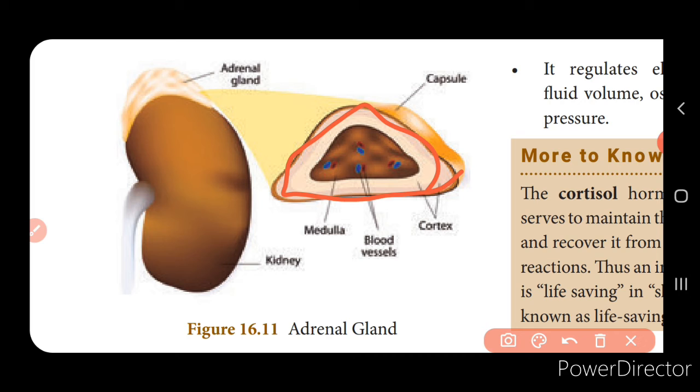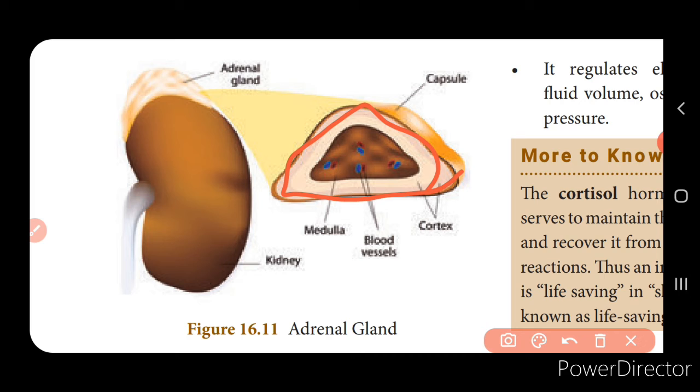And if you see the functions of the mineralocorticoids, these are secreted by the zona glomerulosa. Now we said that it consists of 3 layers, isn't it? Zona glomerulosa, zona fasciculata, and zona reticularis. Now these mineralocorticoids are secreted by the zona glomerulosa, and the hormone is called aldosterone, right?